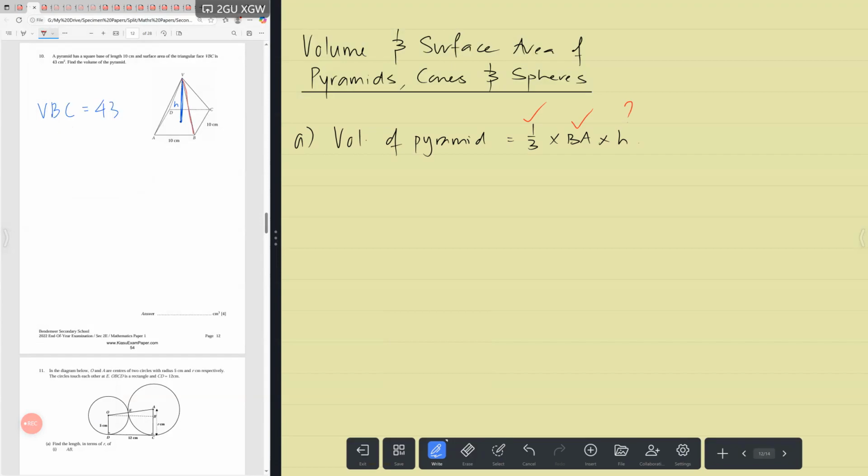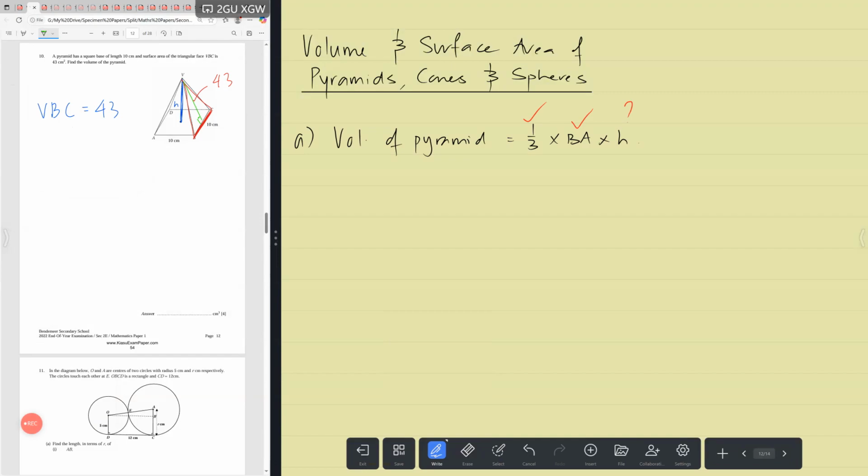So the area of this triangle is obtained by taking half times base, which is 10, times this height. Height is in green color. So this one is the perpendicular height, that is the height of that triangle.